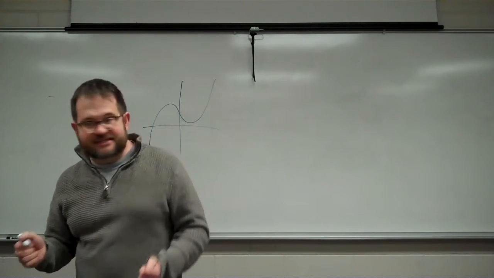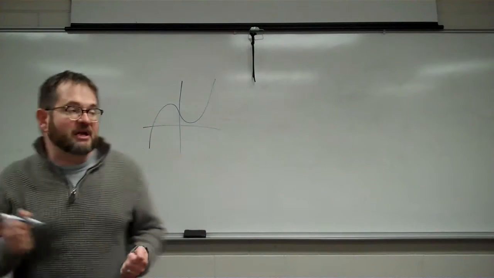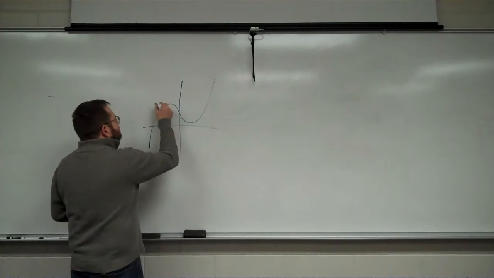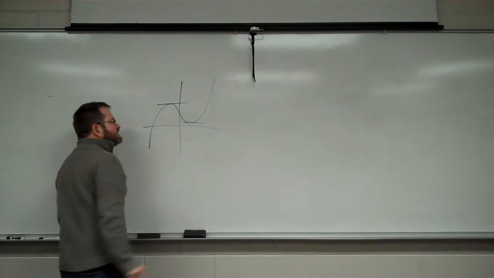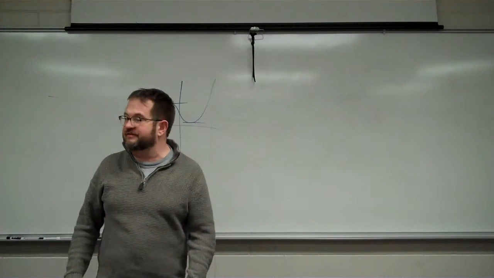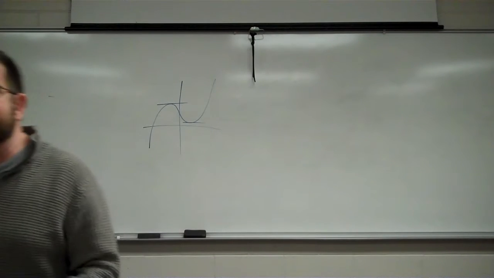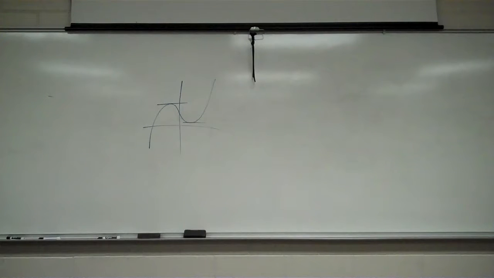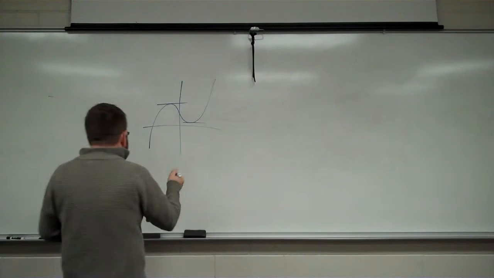I'm actually kind of surprised that they put a whole section about this. Because what you could do is just find the derivative of this function and find the place where the derivative is equal to 0. Any place the derivative is equal to 0 is a place where the slope of the function is horizontal. That's easy enough.